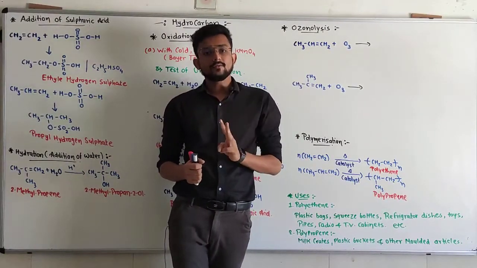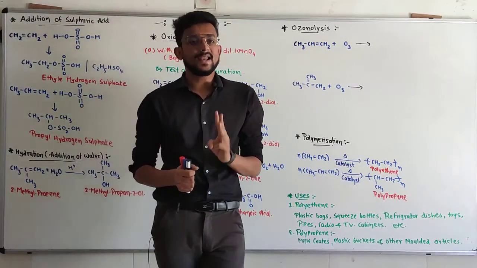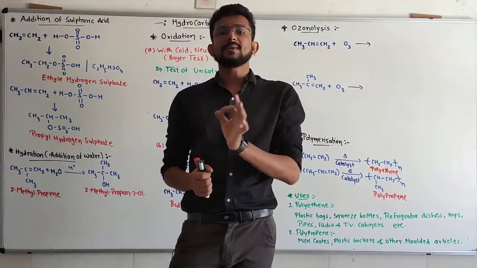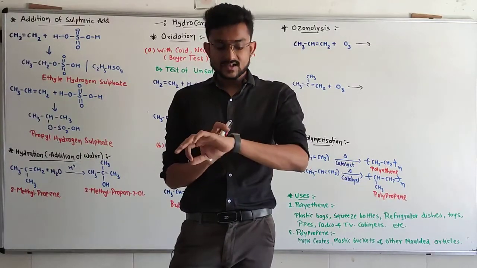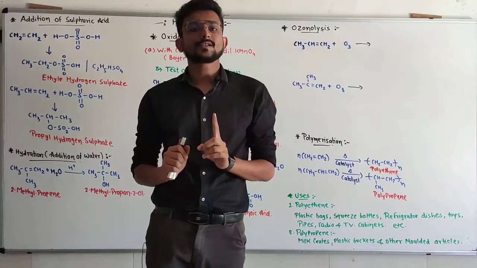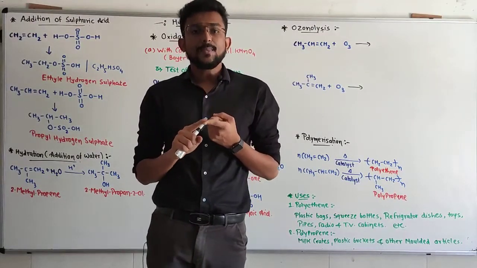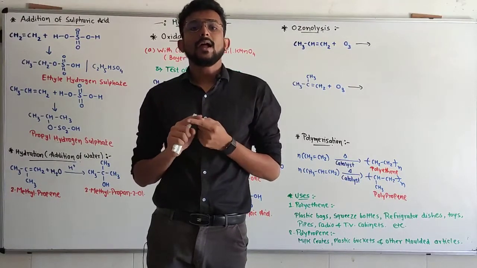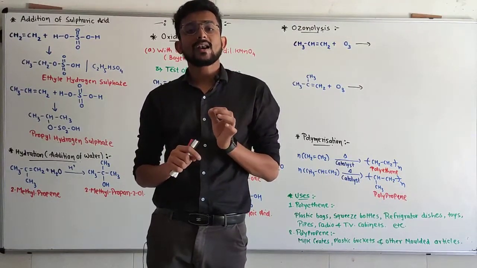And the third one was addition of hydrogen halides. Means, if we have asymmetrical molecules, we discussed first the simple Markovnikov rule, and after that, the anti-Markovnikov rule or peroxide effect.